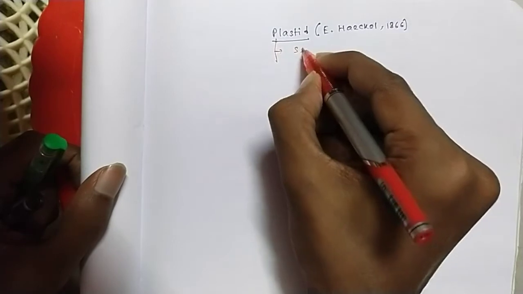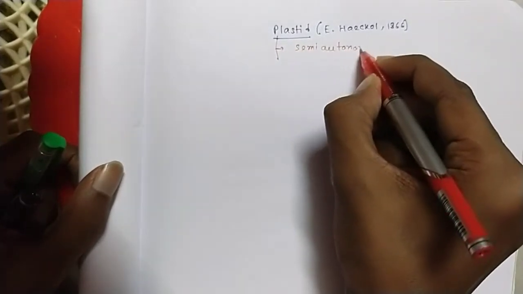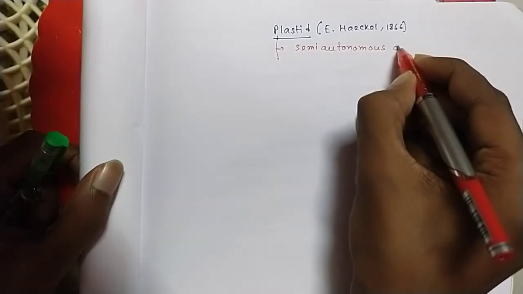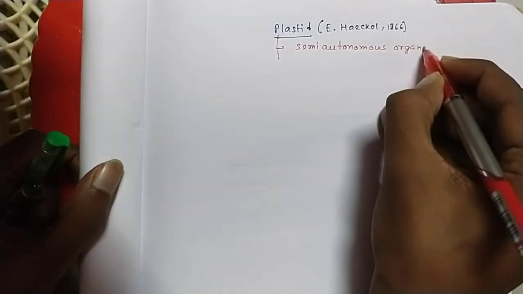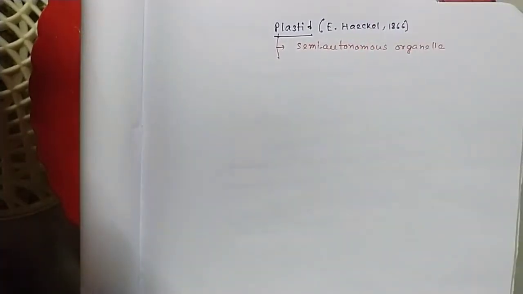So what does it mean by semi-autonomous? Semi-autonomous means they have their own DNA and they can replicate it independently, so they are not completely dependent on the nuclear genes for their replication, and that's why they are called semi-autonomous organelles.